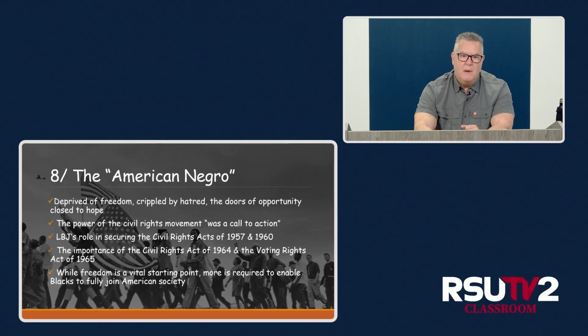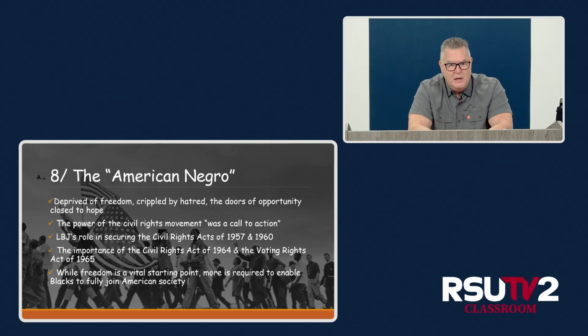Johnson was, in many ways, a scary guy, but he was an amazingly effective legislator, if you will. So he's basically making the argument, while freedom is a vital starting point, more is required to enable blacks to fully join American society.